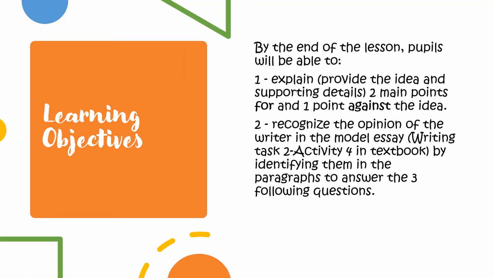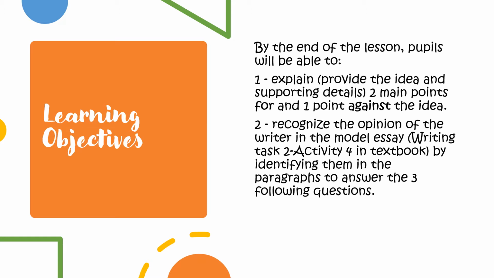As for the learning objectives, by the end of this lesson, you will be able to explain two main points for and one point against the idea. That is to provide the idea and supporting details.